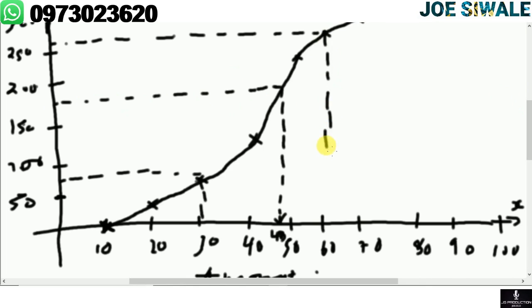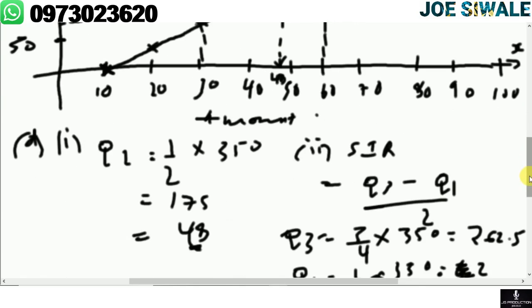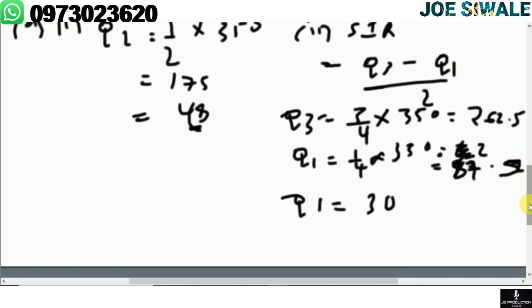And as you can see, that coordinate was in line with 60. So I have 60 there. So I know that my Q3 is 60. So we have done our calculations there.